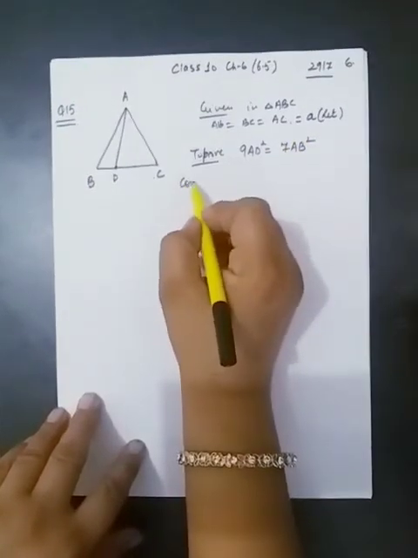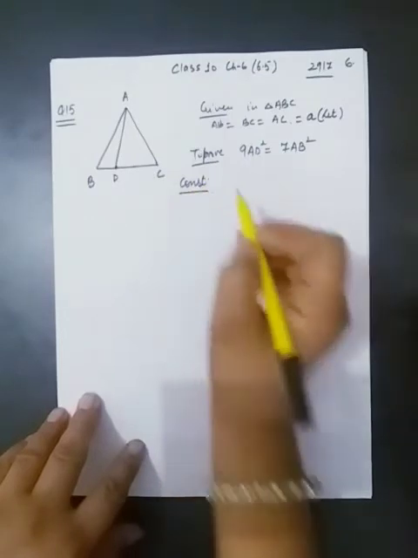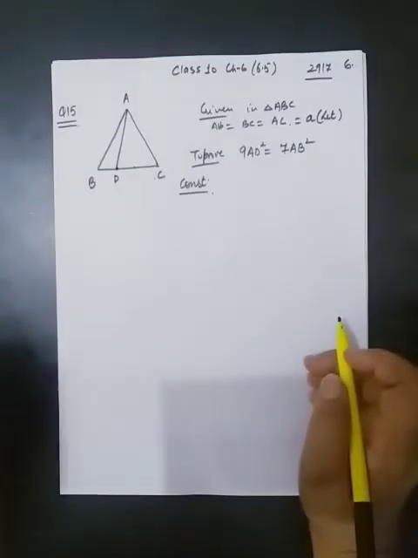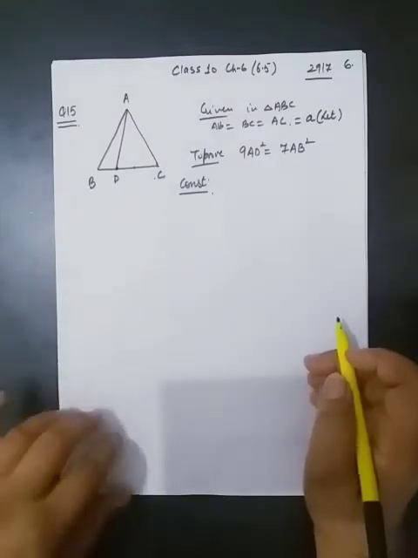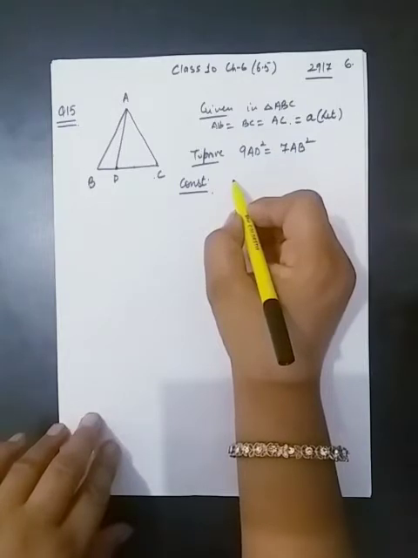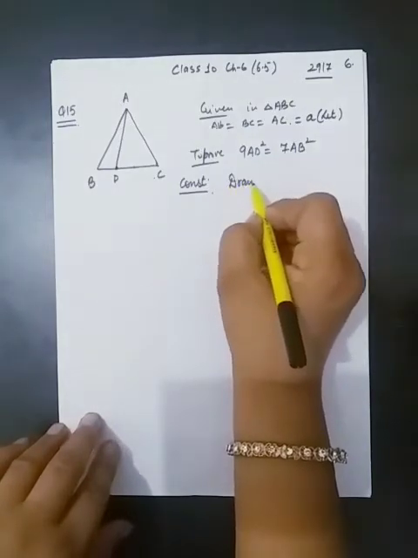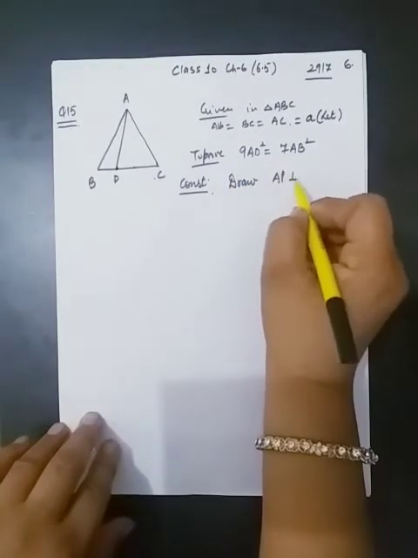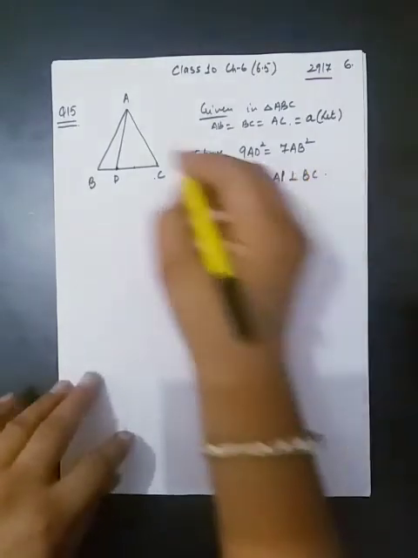For this question we have to make some construction, because to apply Pythagoras theorem we must have an angle of 90 degree. Construction: draw AP perpendicular to BC.